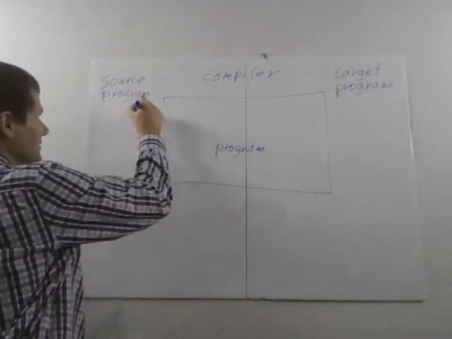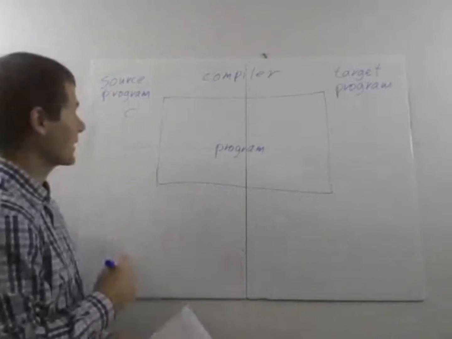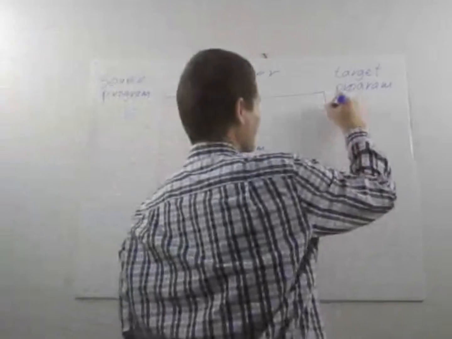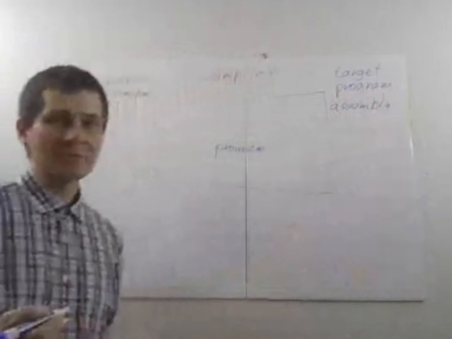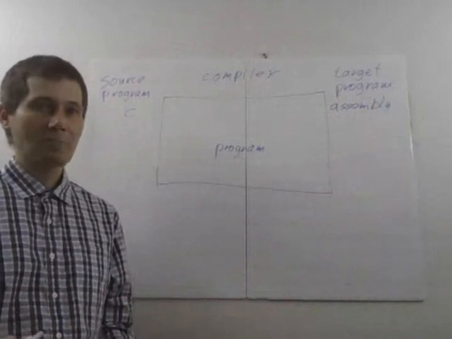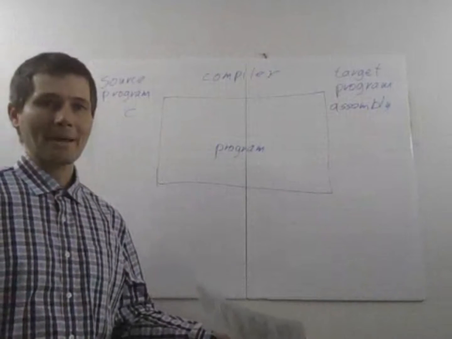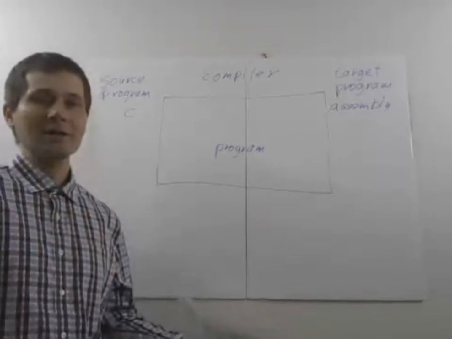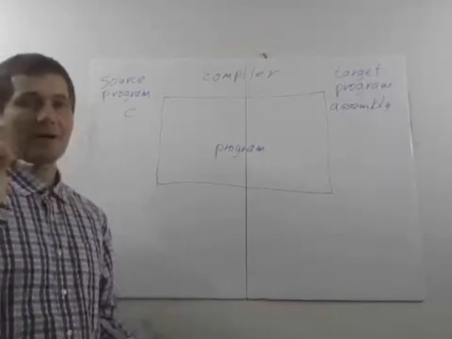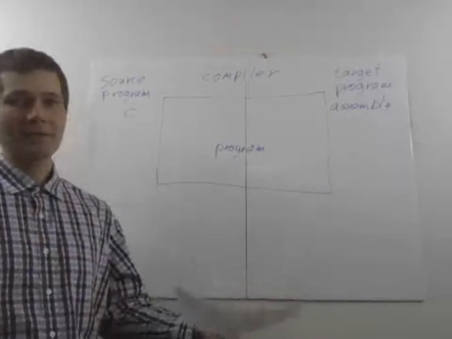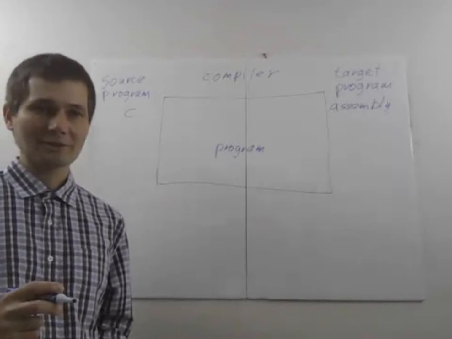The standard example is your source language could be C, and your target language might be assembly language for some specific kind of processor. Your compiler is the way that you enable your C program to run on different kinds of processors with different assembly languages, right? You could have one C program, compile it with different compilers to run on different processors.